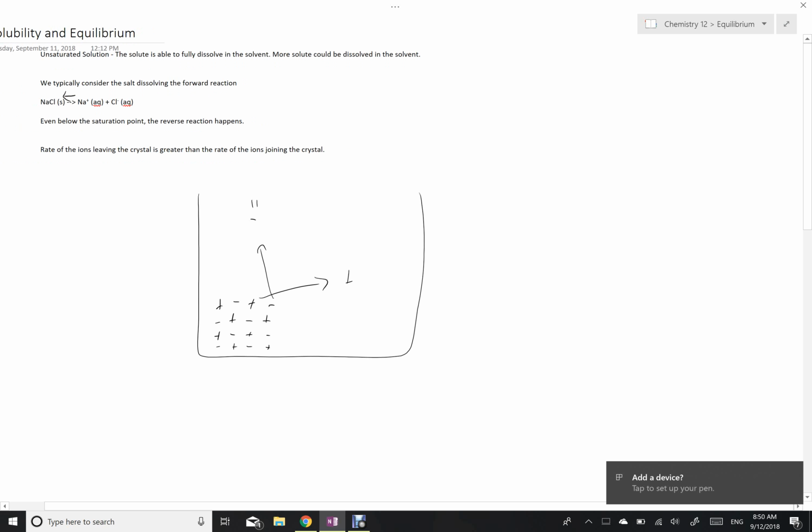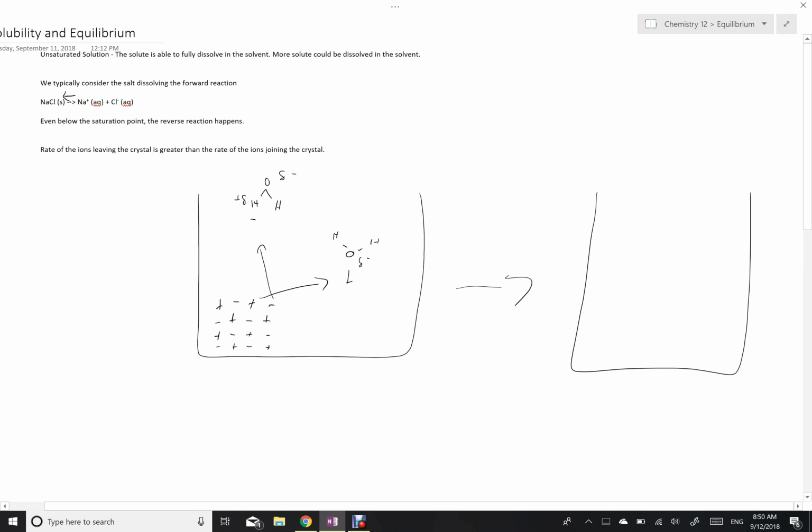The negative ions will be surrounded by the partially positive hydrogens, and the positive ions will be surrounded by the partially negative oxygens. And it'll dissolve until this whole crystal goes away, and all we end up with is ions spread evenly throughout the solution.